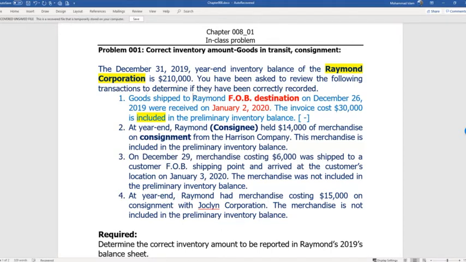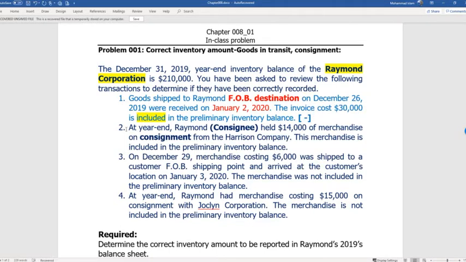So what should we do? Think about this: Raymond is the buyer and the term is free on board destination. We know that in case of free on board destination, the ownership of the goods in transit stays with the seller. So we will subtract this one. That is why I put negative here.